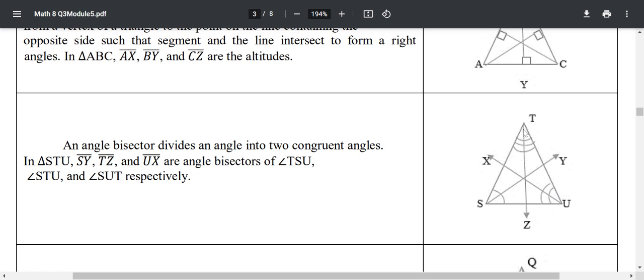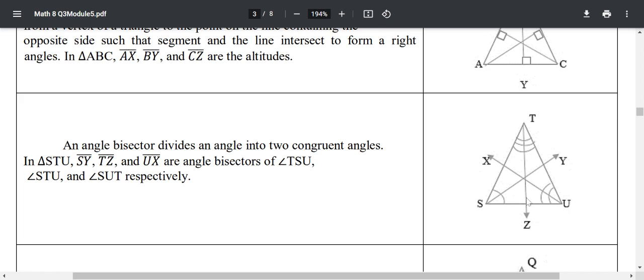If there is a line that divides our angle into two congruent angles or two equal angles, that is our angle bisector. So from this vertex T or angle T, this line TZ divides our angle into two congruent angles.